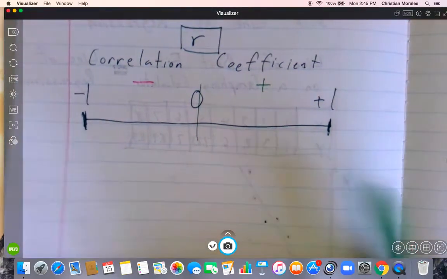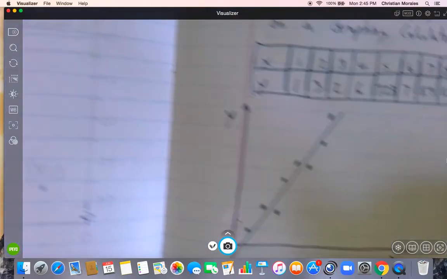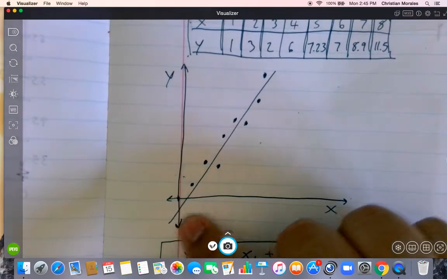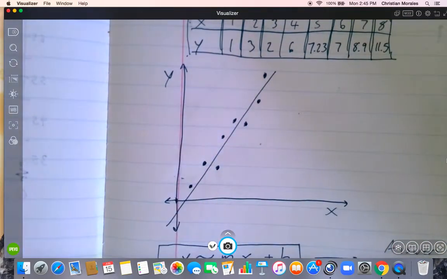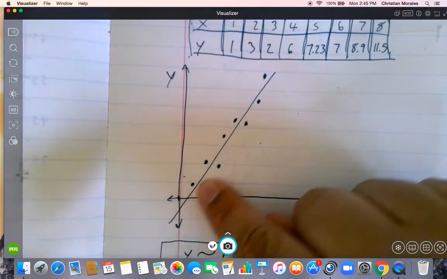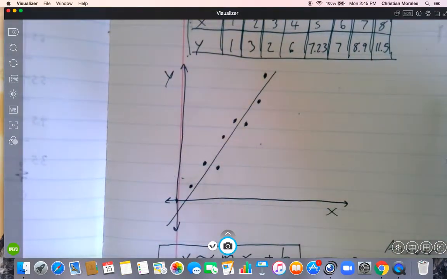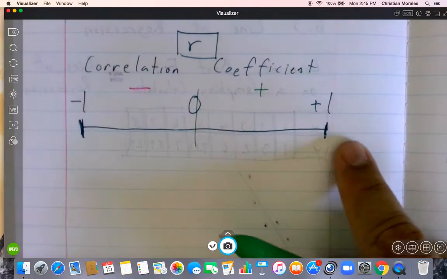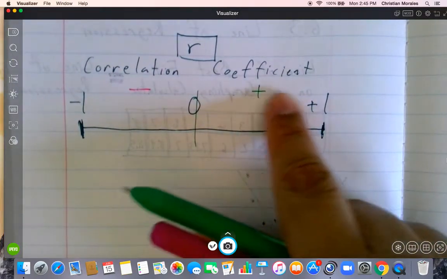Now, if you look at the line that we drew for this problem, what does that look like? Positive or negative? That's going up. It's a positive correlation. So it's on this side. The number's going to be on this side.